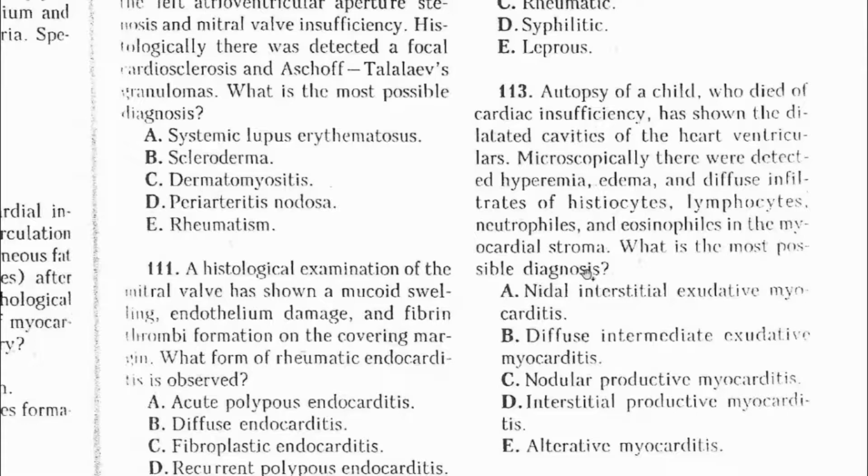We also have parenchymal damage. Now, this should be diffuse intermediate exudative myocarditis because it is the same as diffuse or local lymphohistiocytic infiltration and vasculitis. So your answer here is B.